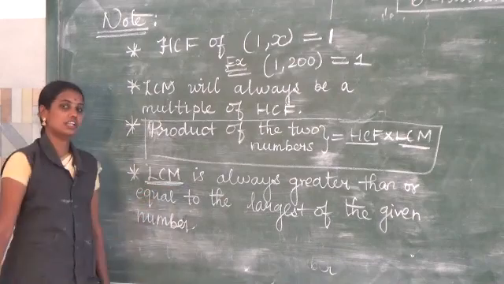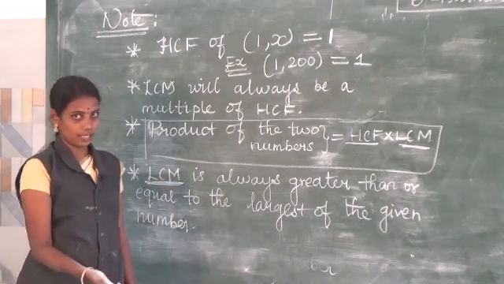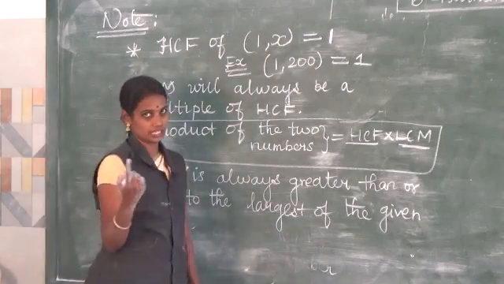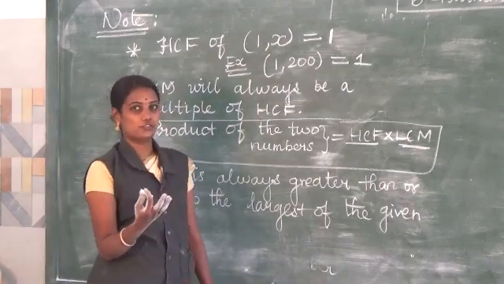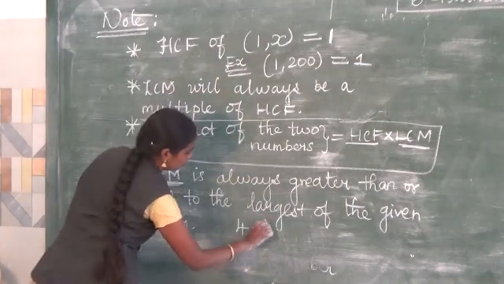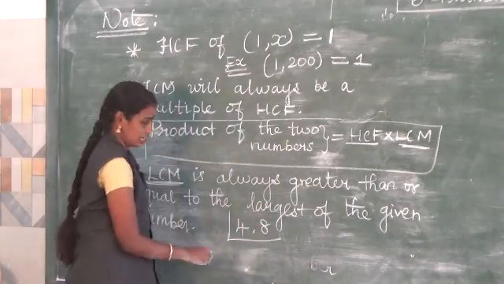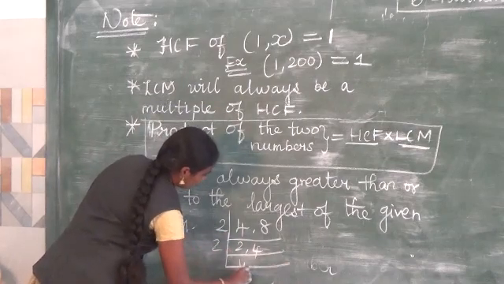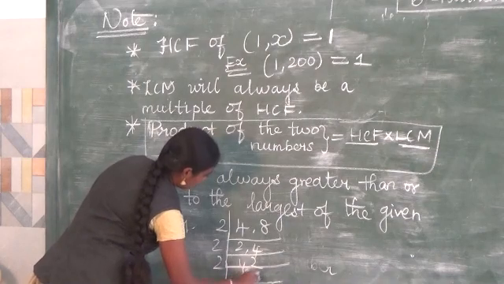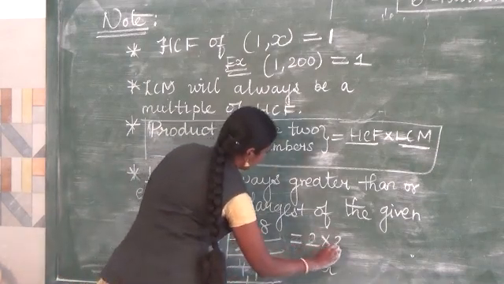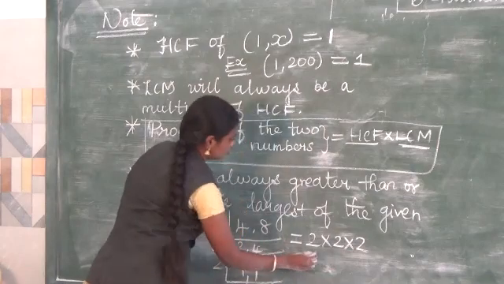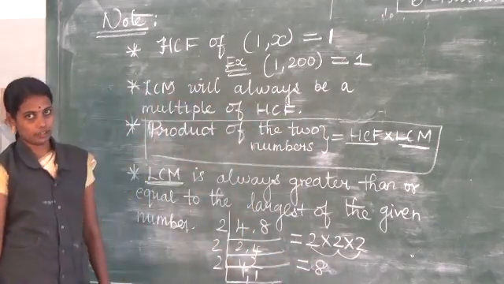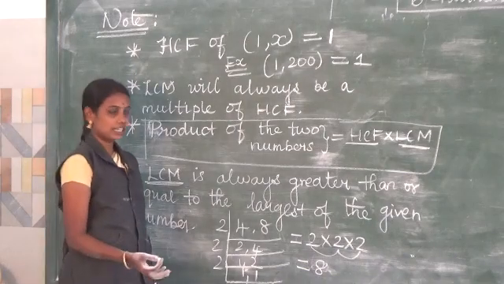The LCM answer will be greater than or equal to the given number. For example, 4 and 8: for the LCM, 2 table 2, 4, 2 table 1, 2, 2 table 1 and 1. The factors are 2 into 2 into 2, 2 2s are 4, 4 2s are 8. So it may be equal to the given number or it may be greater.